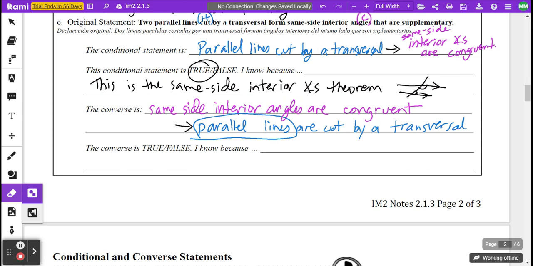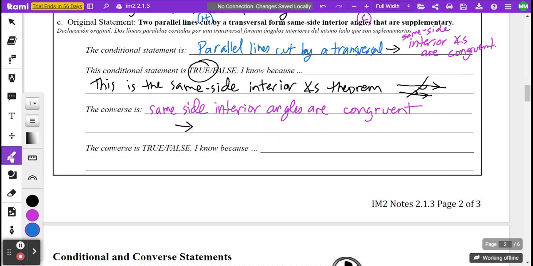So I'm going to rewrite that to be more clear. The lines cut by the transversal are parallel, period. And this happens to also be true.